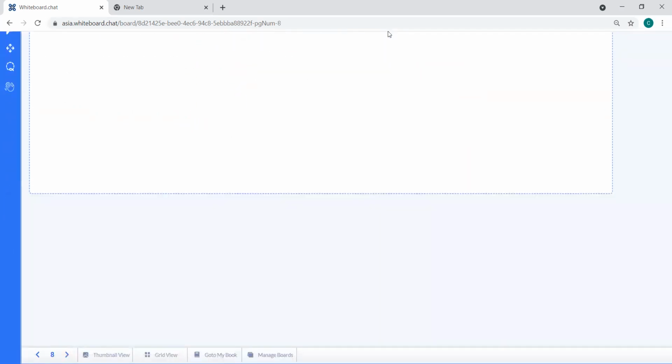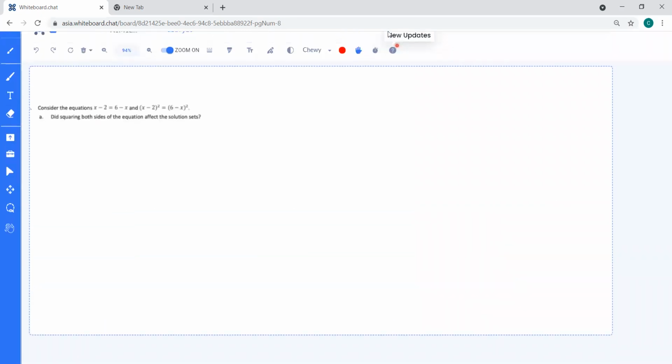All right, page 8. Consider the equation x minus 2 is equal to 6 minus x, and x minus 2 squared is equal to 6 minus x squared. Did squaring both sides of the equation affect the solution set?